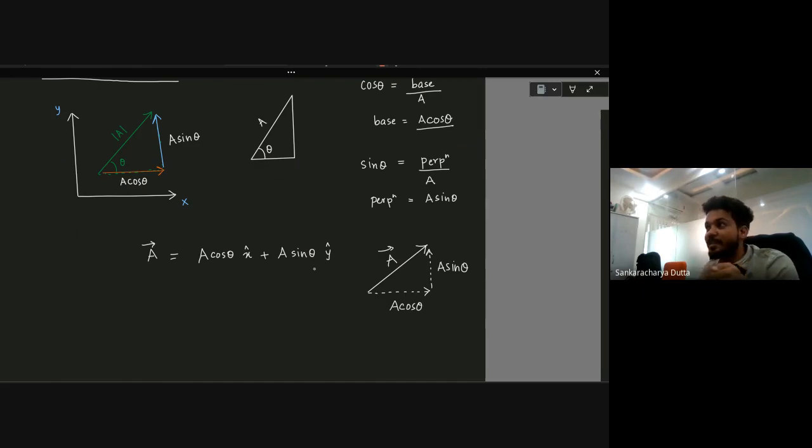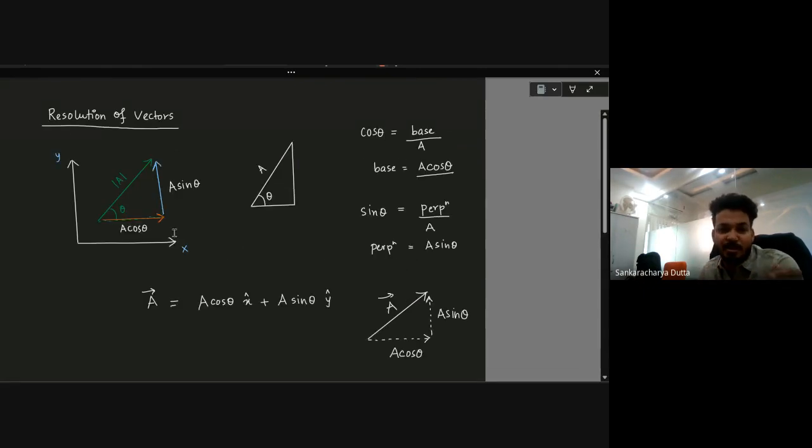Okay. Now A cos theta was in the x direction. Now what was the goal? Resolution. When I started with resolution of vectors, my idea was, if I'm given the graphical format like this, a vector with an angle theta, can I represent this vector in terms of the algebraic format where there is x cap and y cap?